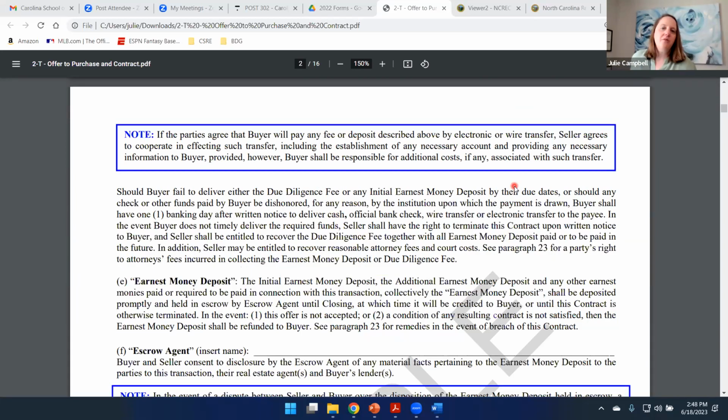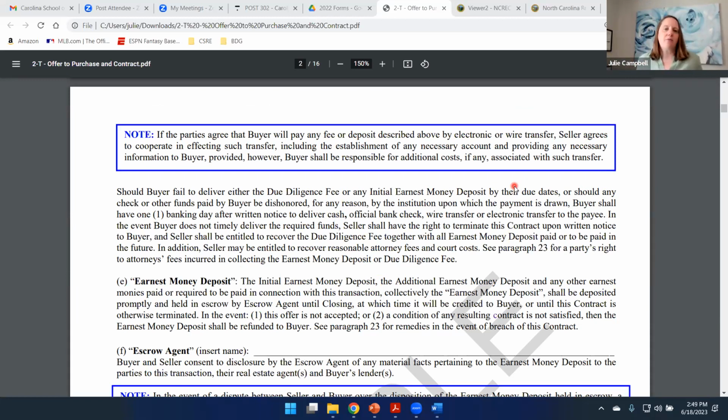Top of page 2, we have a blue note. This addresses kind of our Cash App situation. Again, I think they're embellishing a little bit. This might be the section they're embellishing it on. But right now it says that the parties agree that buyer will pay any fee or deposit described above by electronic or wire transfer.